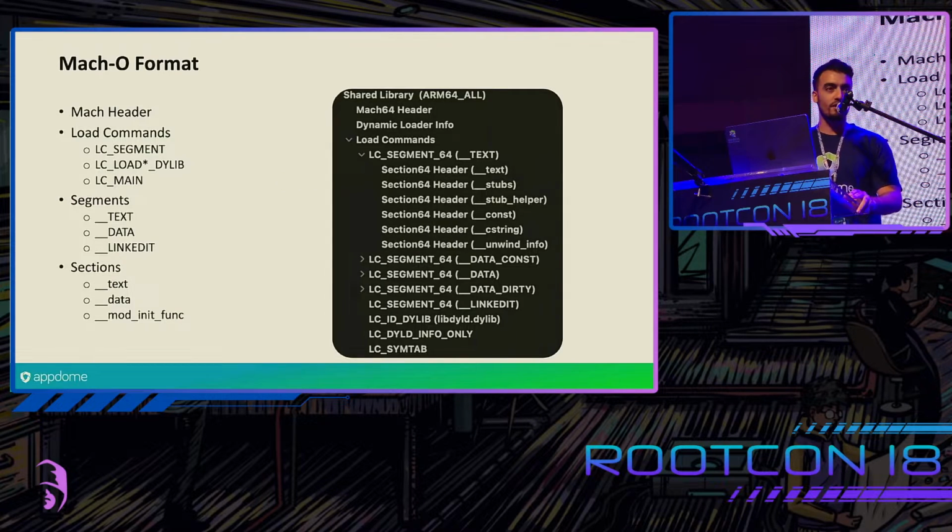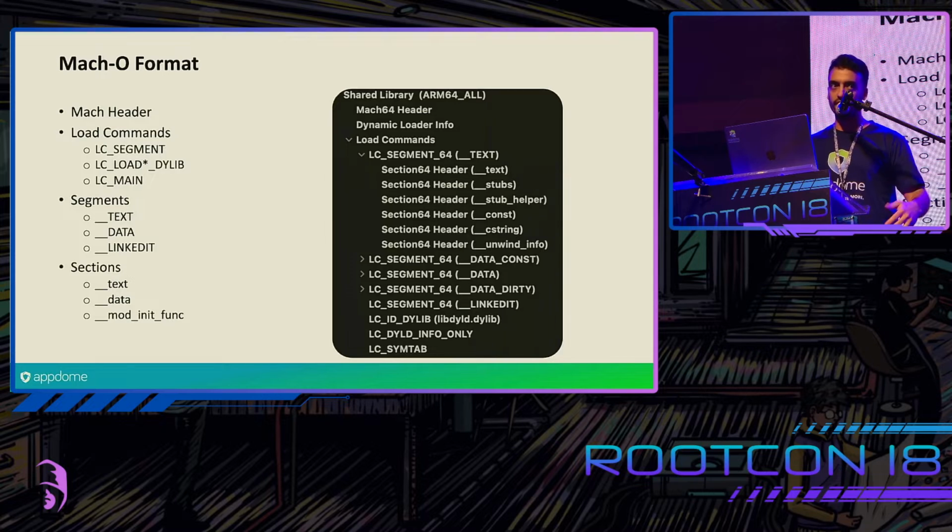Okay, so the Mach-O format is the standard format for executables and libraries in iOS and macOS. It's designed for efficient loading and execution across various architectures. It consists of the Mach header, load commands, segments, and sections, which contain the code, data, and metadata that the operating system, and specifically the dynamic linker, uses for running the application, the main binary, and all its dependent libraries.